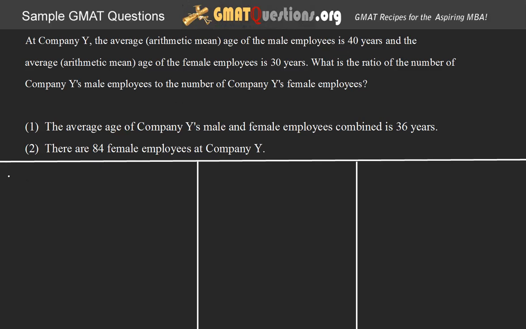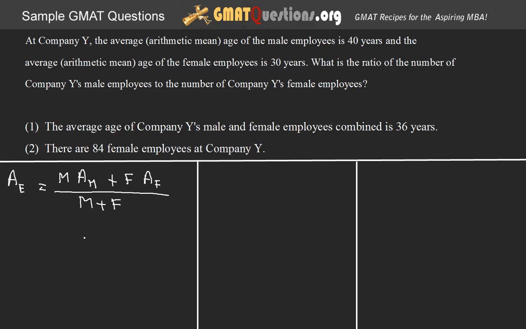The weighted average AE, the average for all the employees, equals M, the number of male employees, times AM, the arithmetic average age of the male employees, plus F times AF, divided by M plus F. In weighted average terms, M is considered a weight, F is a weight, AM and AF are the arithmetic averages, and AE is the weighted average.